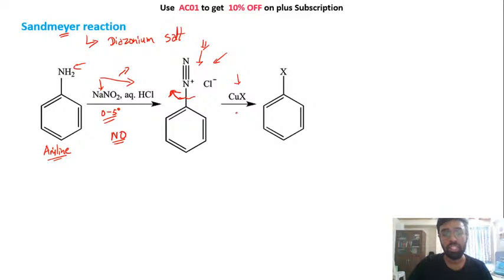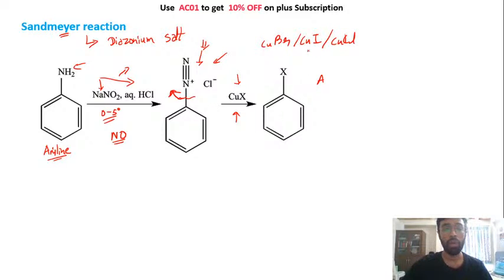ठीक है, and once we add some reagent, finally we will get an aryl halide. So if you add CuBr, there will be a bromine here. Okay, so this reaction is used for CuBr, CuI and CuCl.